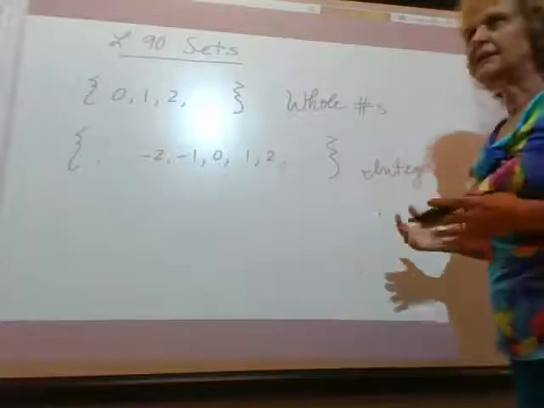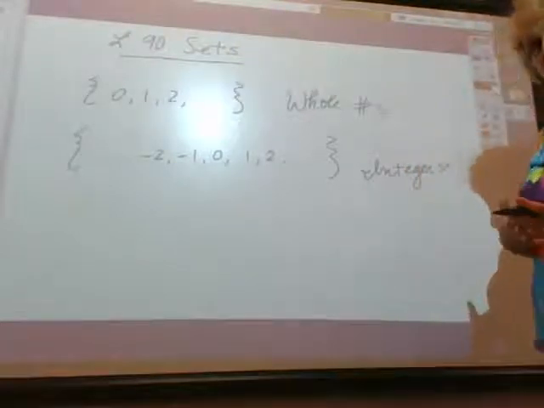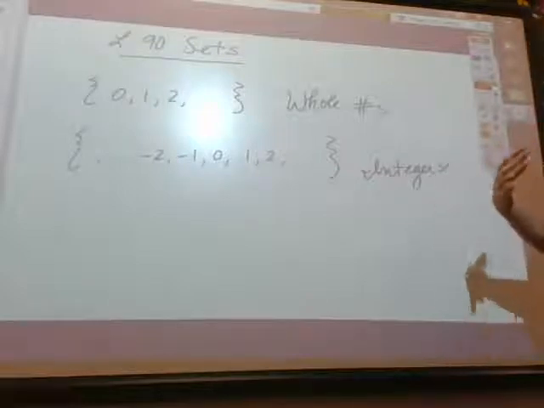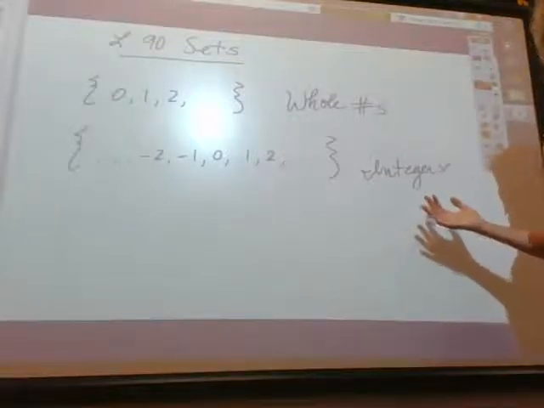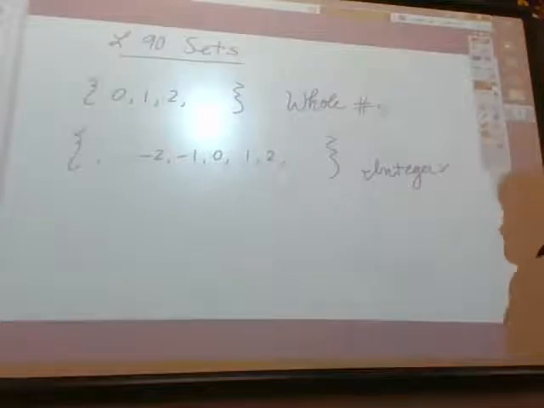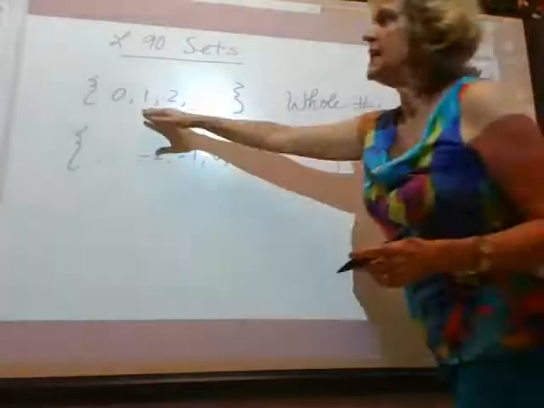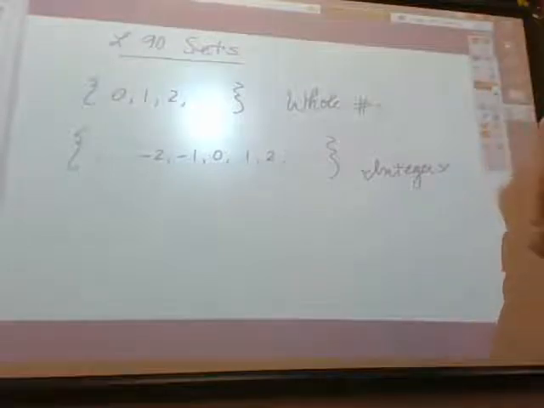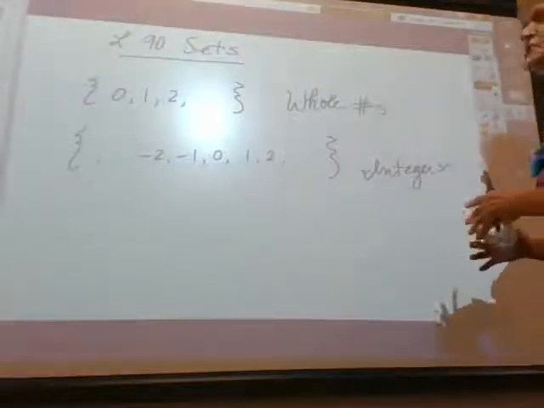It includes ratios of integers, so 22 over 7 or negative 5 over 1057 would be rational. So we can't illustrate that one. So anyway, these are elements of the sets, and we want to talk about set notation and how to illustrate these.